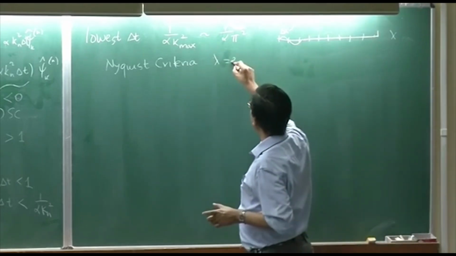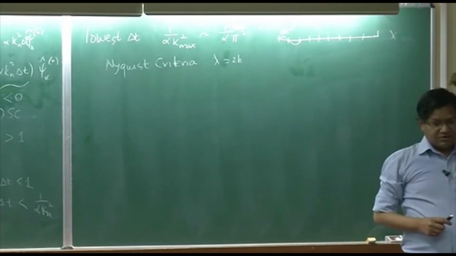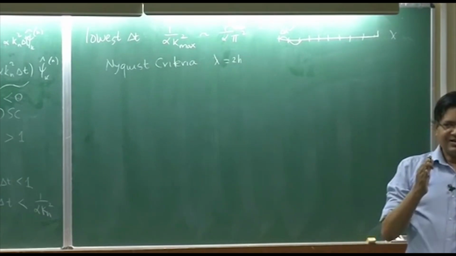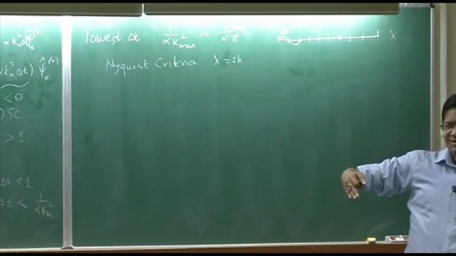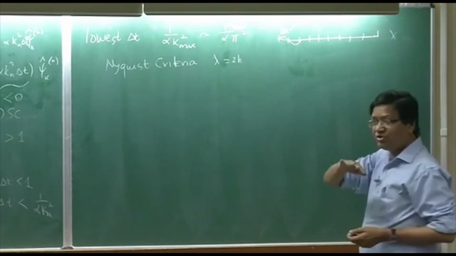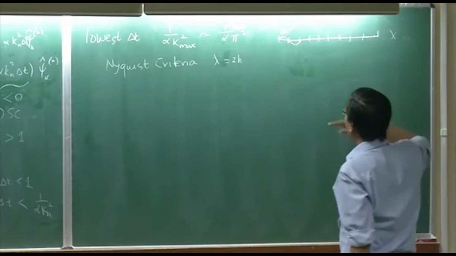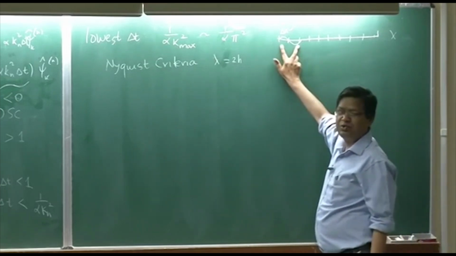So lambda equal to 2h. Okay. So the criterion tells you physically that given the time series, if I want to resolve it using Fourier transforms, or not necessarily Fourier transform, even by a finite difference scheme, the lowest wavelength should contain 2 points, 2h.